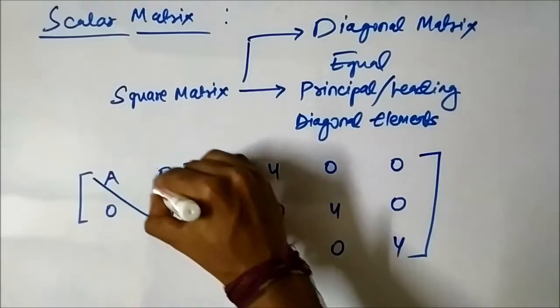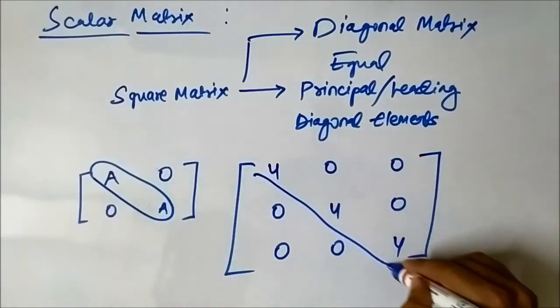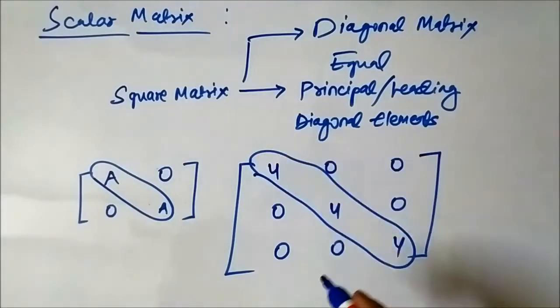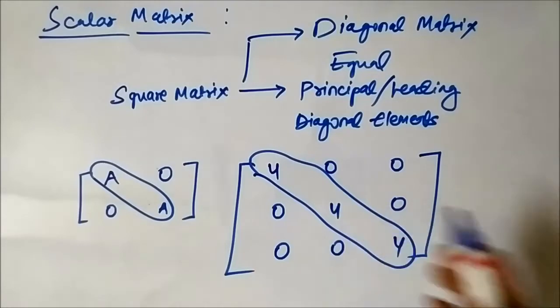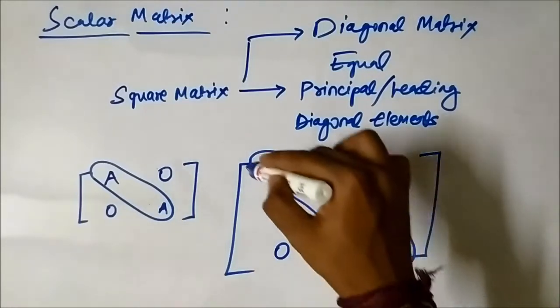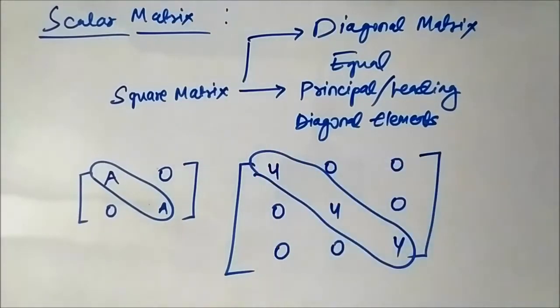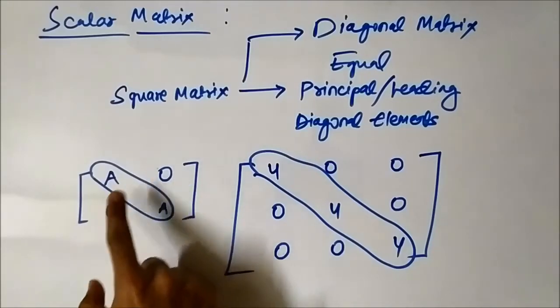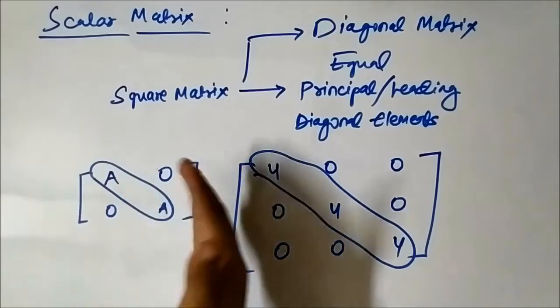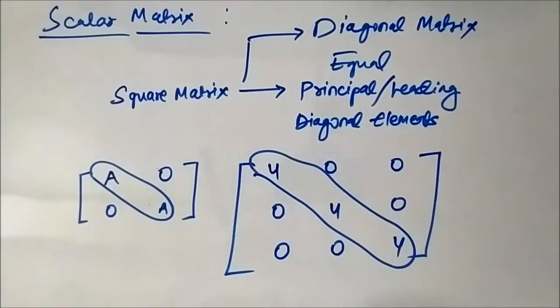See, the principal diagonal elements are equal and all the other elements are 0. So it is a diagonal matrix and also the principal diagonal elements are equal, so it is a scalar matrix. A scalar matrix is also a diagonal matrix, because all the elements except the principal diagonal elements are 0.